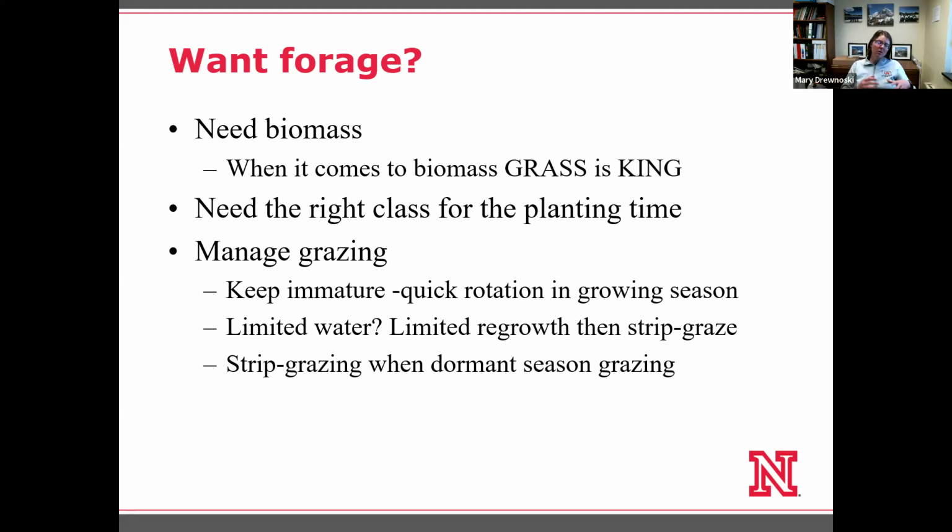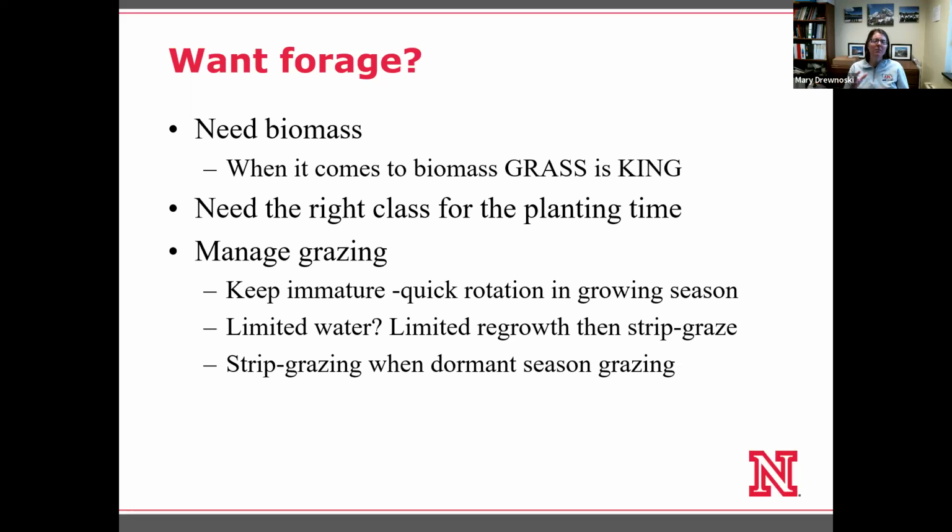Likewise, if you're going to be grazing during the dormant season, so let's say I plant in July some warm season annuals, and then I use them in the late fall. Well, you've got most of the growth you're going to get out of those species. And so now it's about actually maximizing the use of the growth that you have. And strip grazing can be a great way to do that.